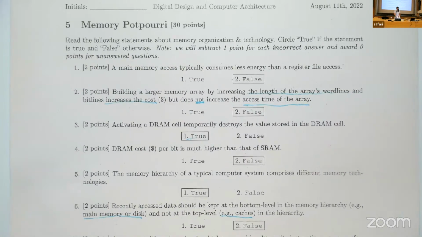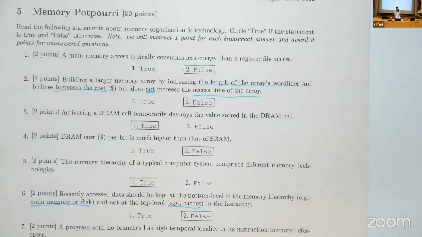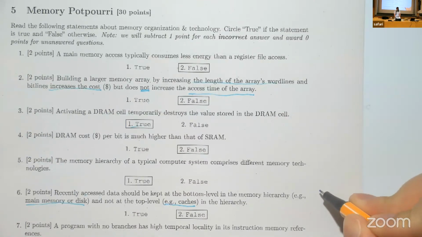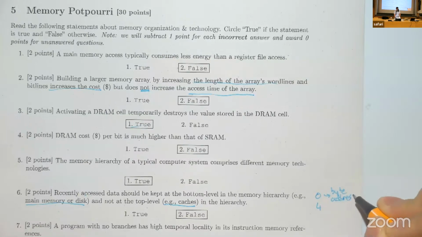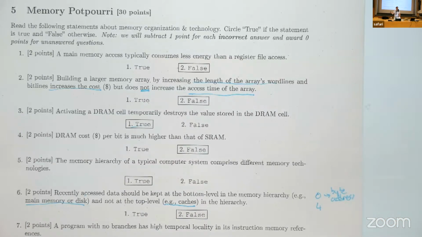A program with no branches has high temporal locality in its instruction memory references. A program with no branches will have instruction memory references like these, right? These are byte addresses. This is just an example. Imagine we put our program starting from the 0th address in main memory, and each instruction is 4 bytes.